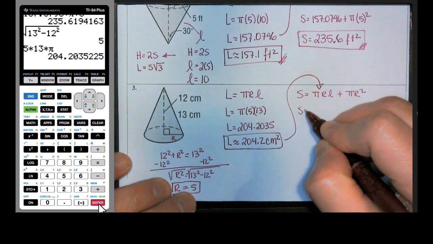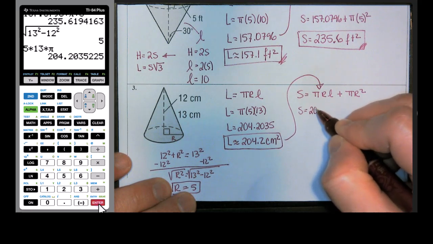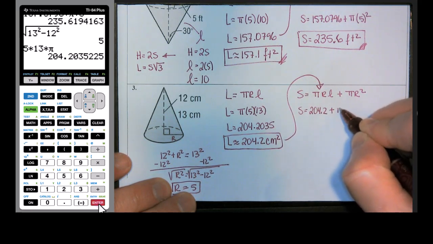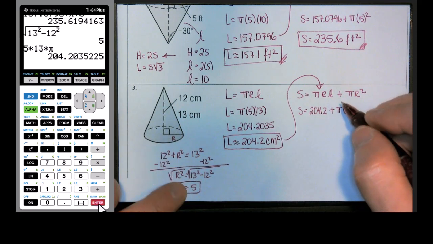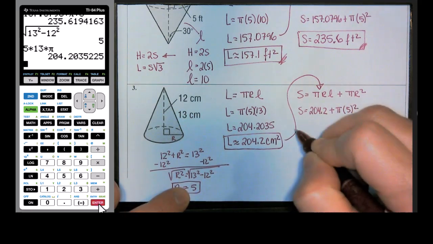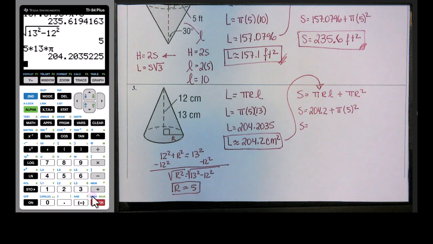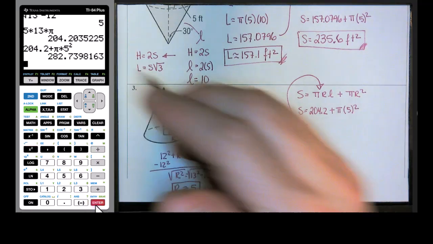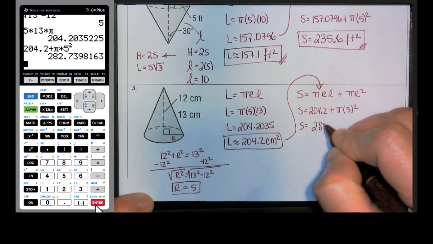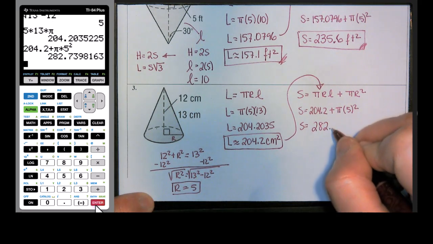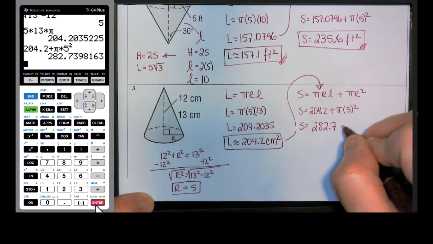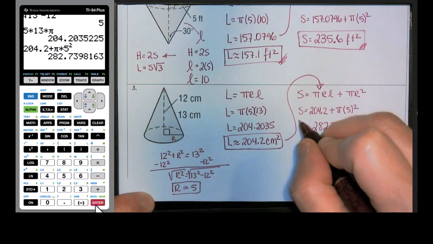So the surface area is 204.2 plus pi, the radius we found to be 5. So this would be 204.2 plus pi times 5 squared, and we get 282.7 centimeters squared. And there we go.